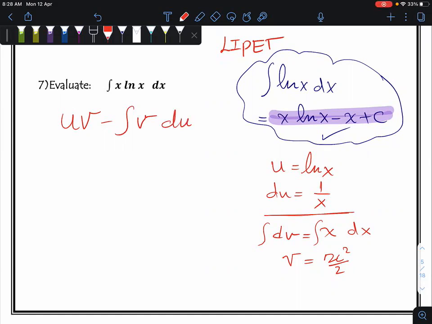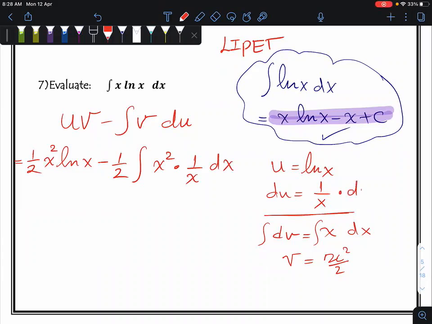The u is ln x, and v is half x squared. It's better, guys, to write x squared first and then ln x, minus the integral of v du. It's better to write the half as a constant, and then the integral of x squared du. The du here is equal to what? 1 over x dx.